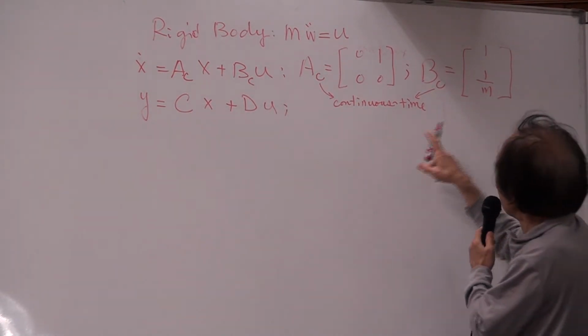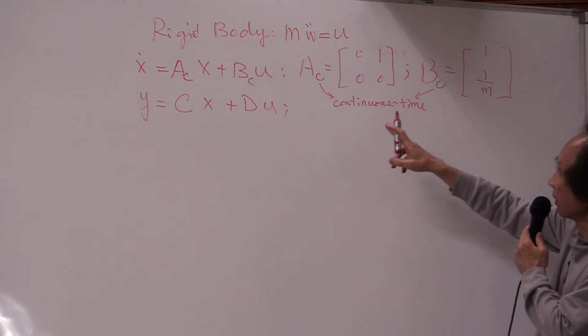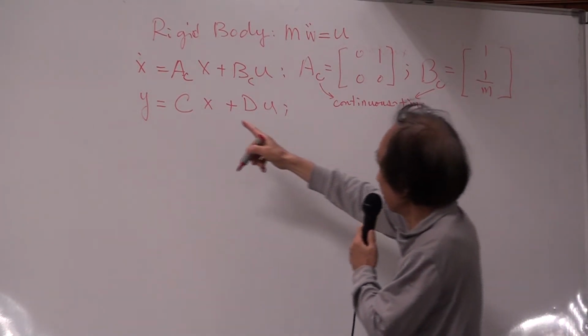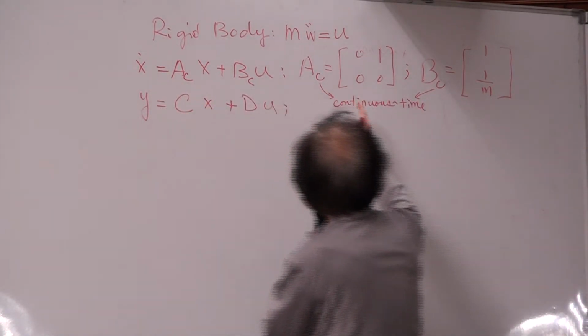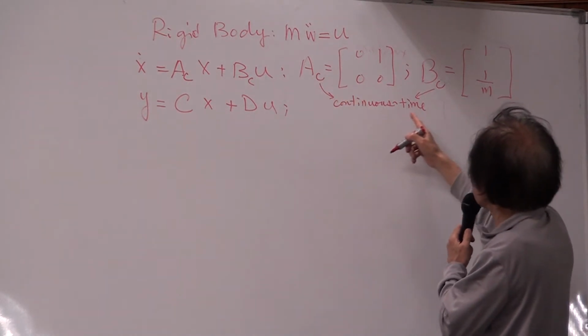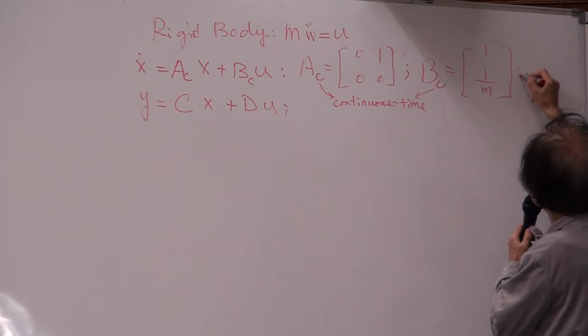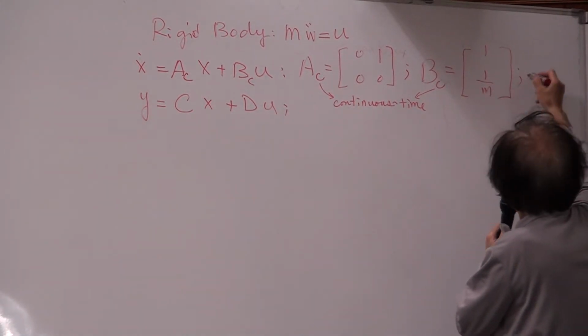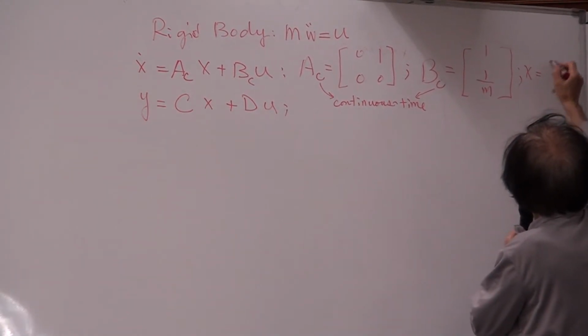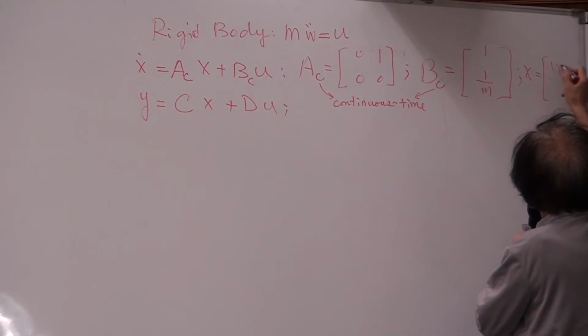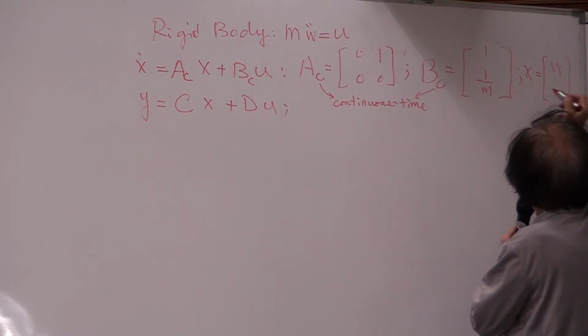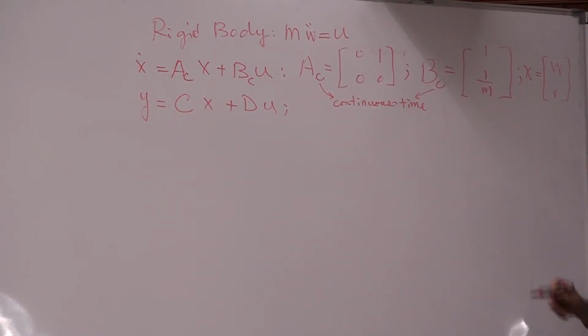Alright. With rigid body motion we can write the state equations and measurement equations, and AC equal to 0, 1, 0, 0, BC equal to 0, 1 over M, and X really equal to W and V, where V is equal to W dot.